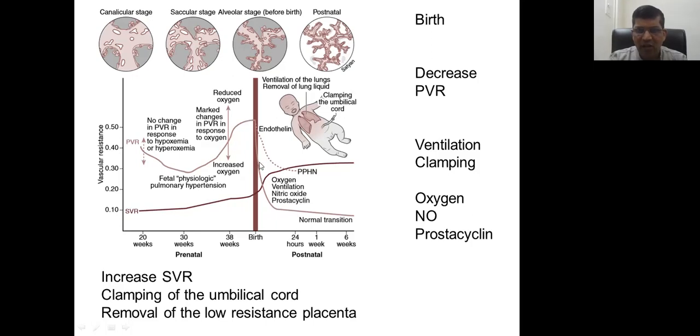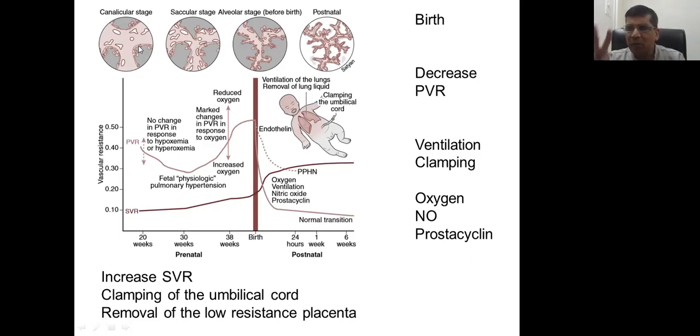So there is a decrease in pulmonary vascular resistance and an increase in systemic vascular resistance. In the postnatal phase, where only 13 to 20% of the cardiac output was going to the lung, now 80 to 90% of the cardiac output goes to the lungs.